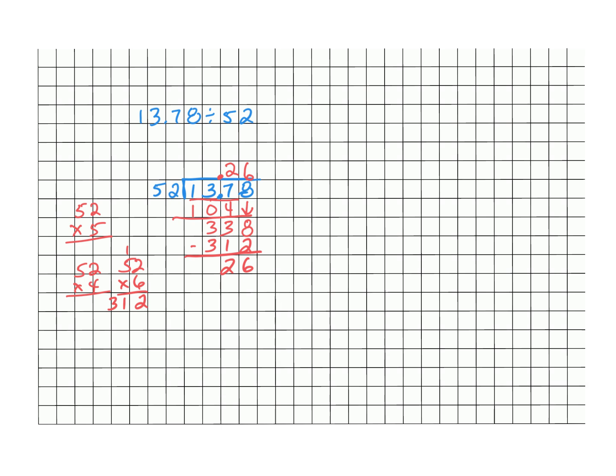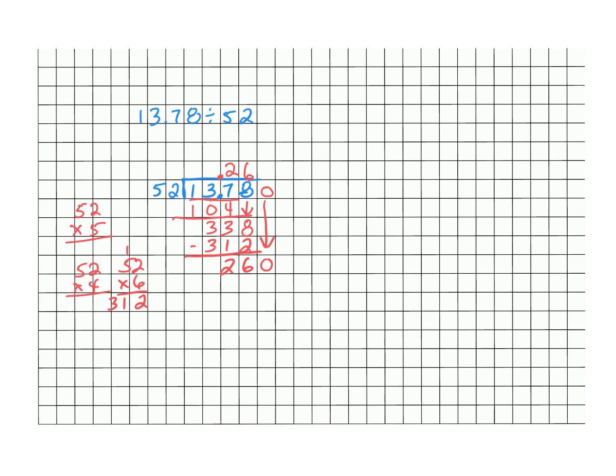But once again, I cannot have a remainder because I'm dealing with decimals. So I'm going to have to put a 0 in the dividend. So now I have 13.780, which is the same as 13.78, and then I'm going to bring that 0 down. So now I'm saying, how many sets of 52 are there in 260?